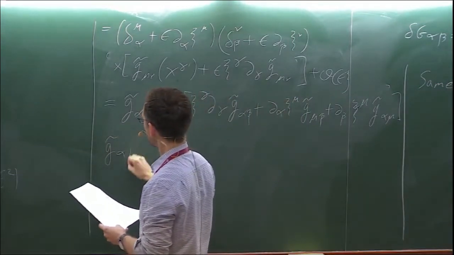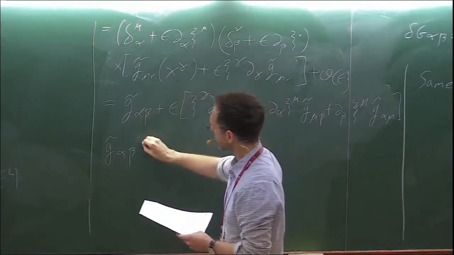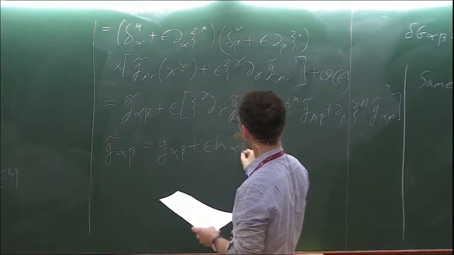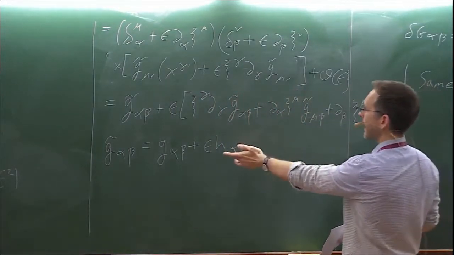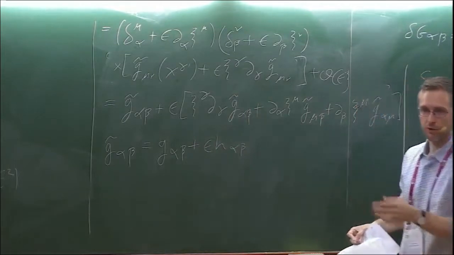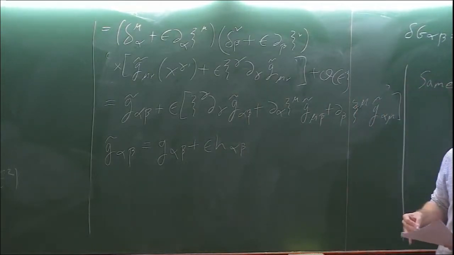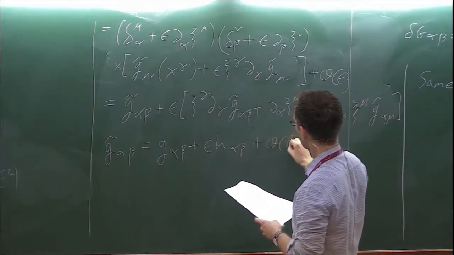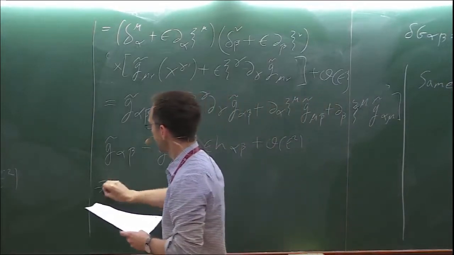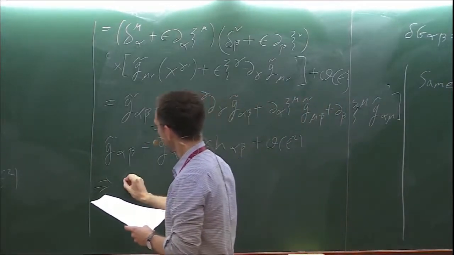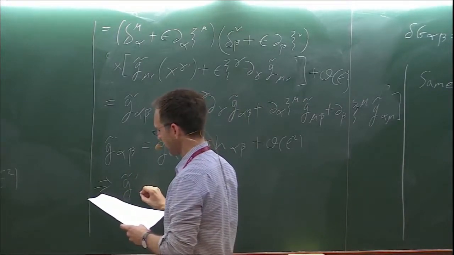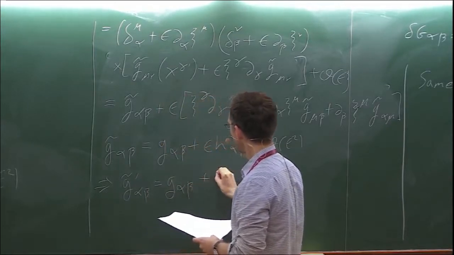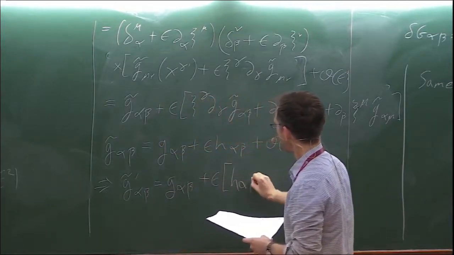which is to substitute that g tilde is the background g plus epsilon h alpha beta. So for the next few lectures, h is going to just mean h1, just to avoid writing that 1 over and over again. We're not going to have second order perturbations for quite a while. So h here is h1. So now we have that g tilde prime is g alpha beta plus epsilon times h alpha beta.